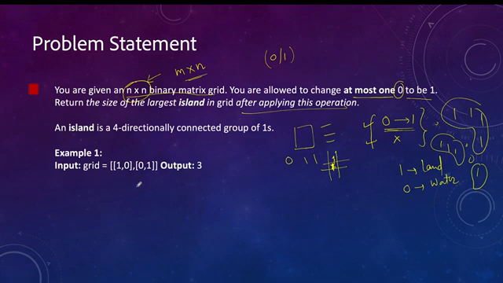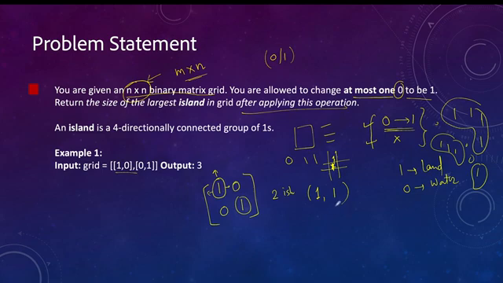For example, if we have this example 1 0 0 1, in this case we have 2 islands. These two are not connected because we are allowed only 4 directions. So we have 2 islands of size 1 and 1. By size we mean the number of ones in the island.